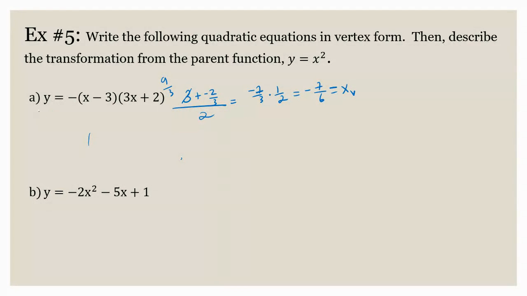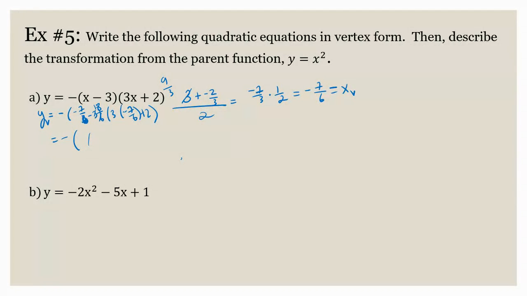I'll go ahead and just plug that right back in to find the y-coordinate of the vertex. So that's negative 7/3 minus 3. And then 3 times, oh no, it's negative 7/6. Come on, Miss Gallen. Times negative 7/6 plus 2. Okay, so negative. This is the same thing as, what is that, 18/6? Negative 7 minus 18, what's that?